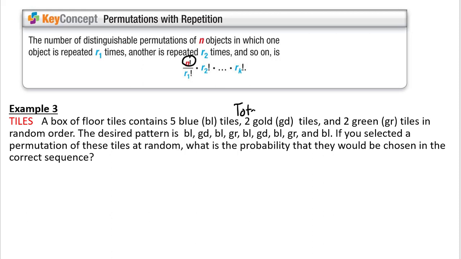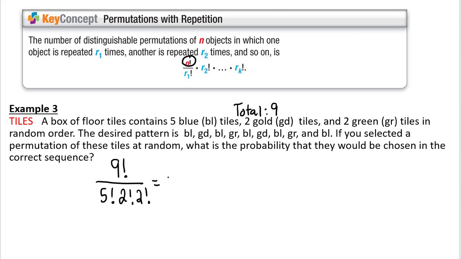What's the total amount of things I have? Total amount of things is 9. So my total number of possibilities is 9 factorial divided by whatever repeats. I have 5 repeats, 2 repeats, and 2 repeats.